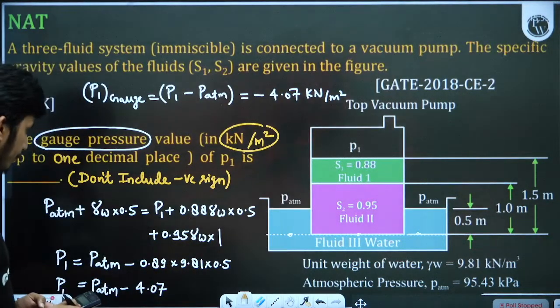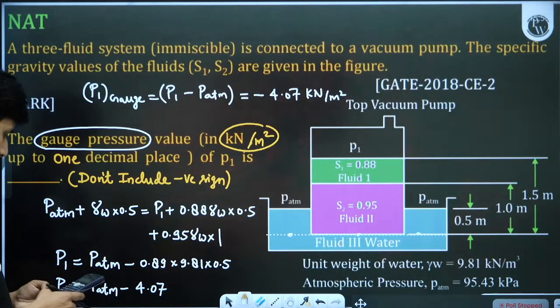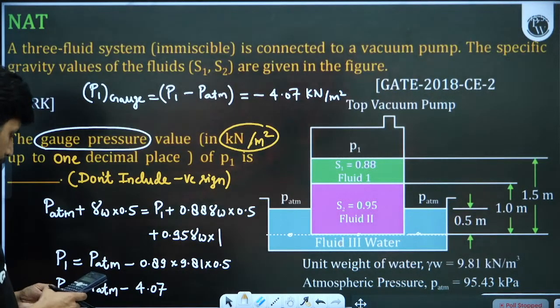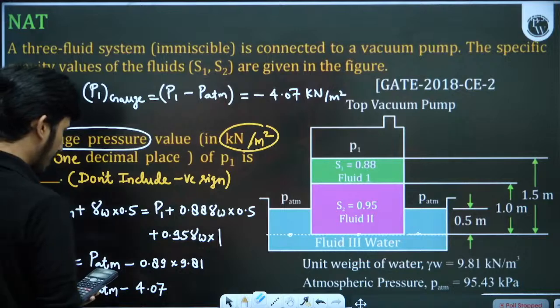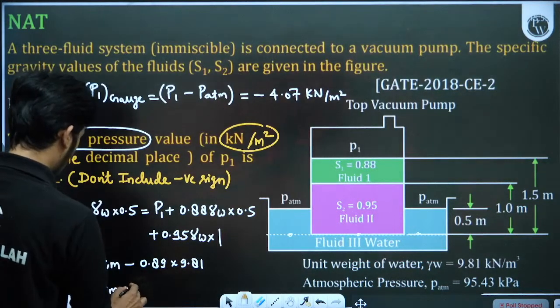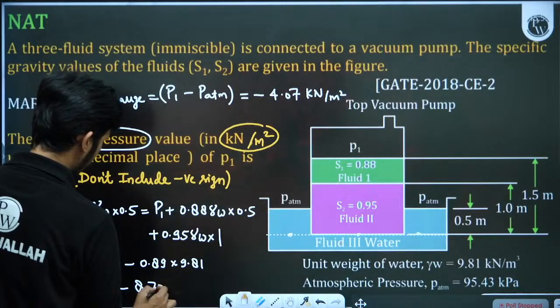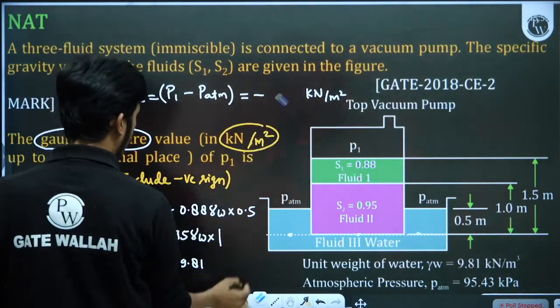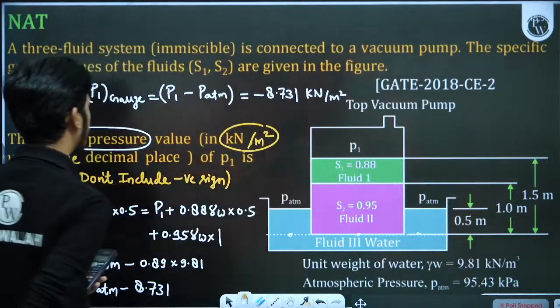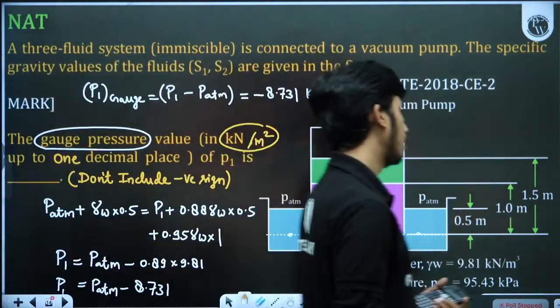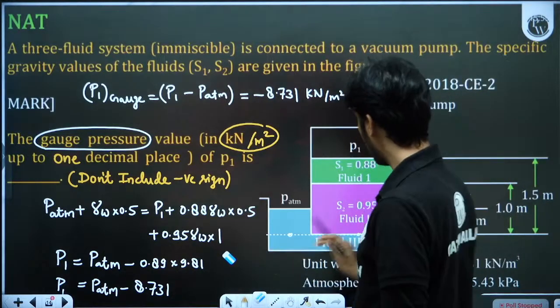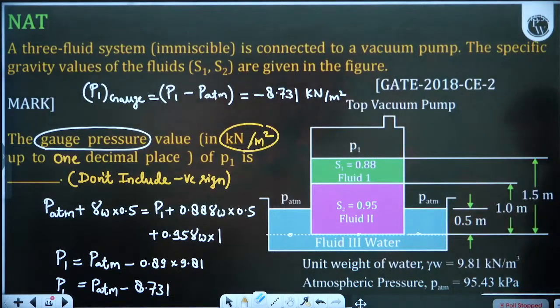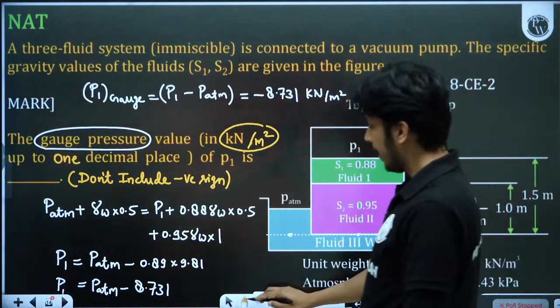Now it is correct. 8.731. Because this height for 0.95 is 1 meter, now that's correct. Okay, got it, 8.731.